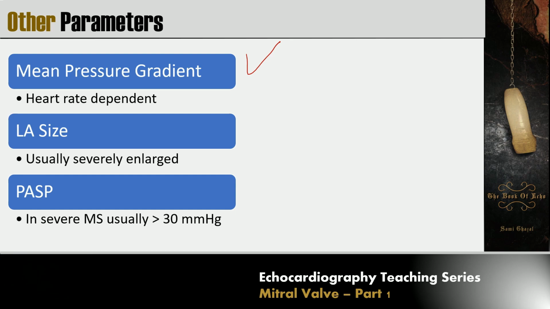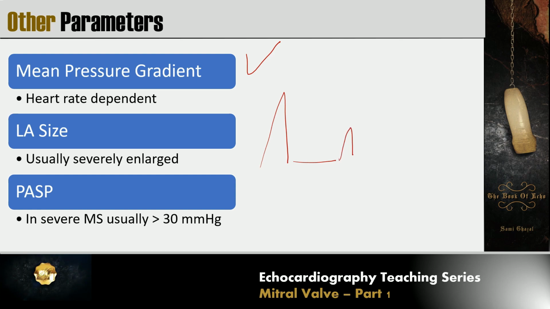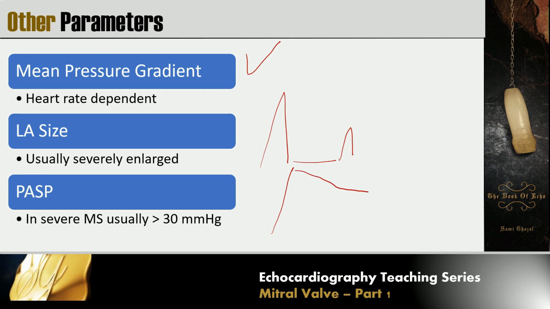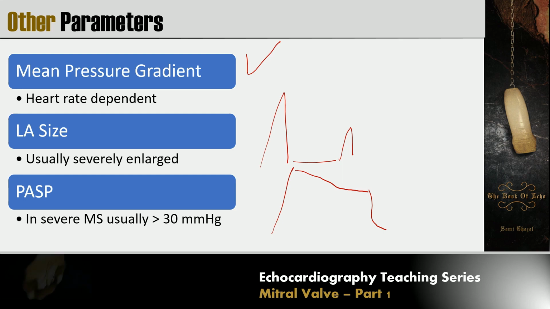Since LV filling in mitral stenosis occurs during diastole, unlike a normal mitral valve, where you have only an early diastolic flow and then the atrial kick, in mitral stenosis you will have early diastole that will continue all over the diastole until systole starts.